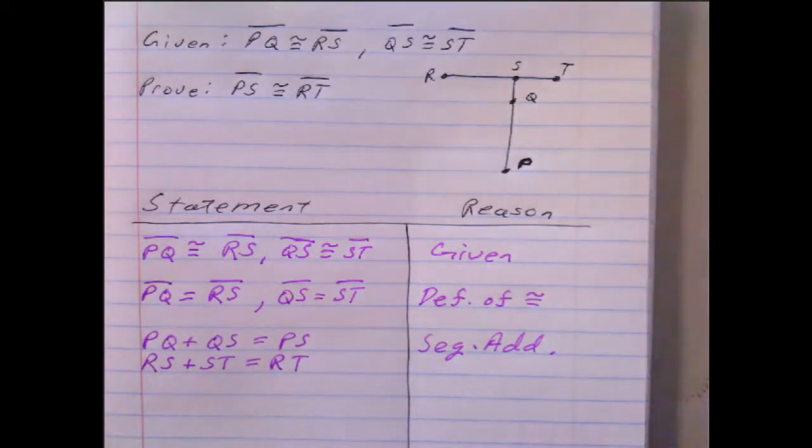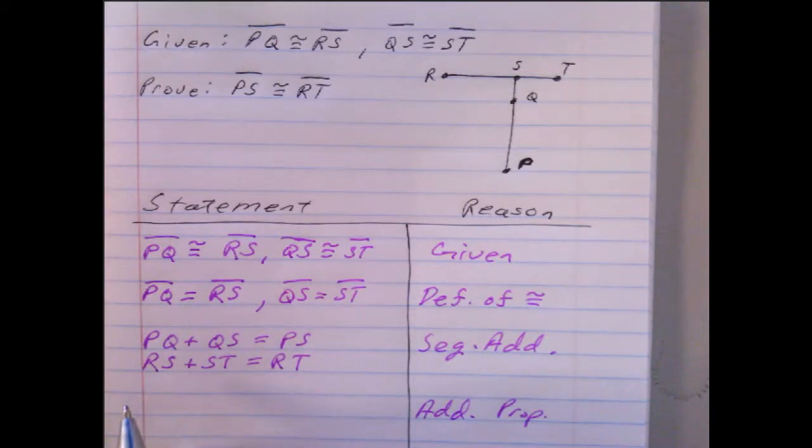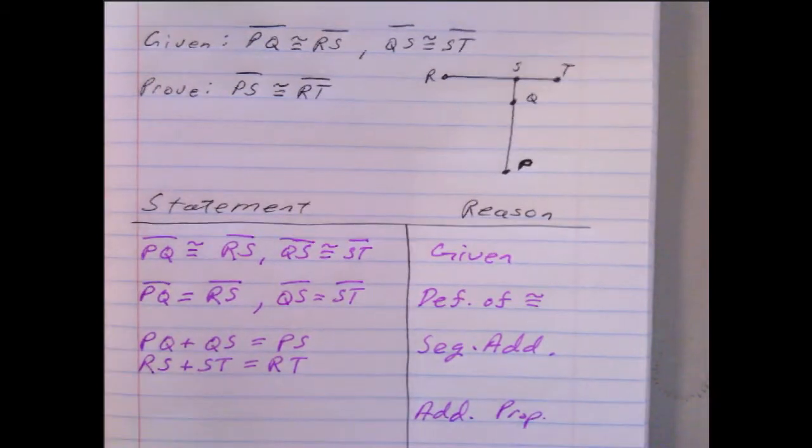So then we have the next one here. We're going to be dealing with our addition property, which tells us that we can add these different things together, and as long as we add the same thing to both sides, we should be fine.